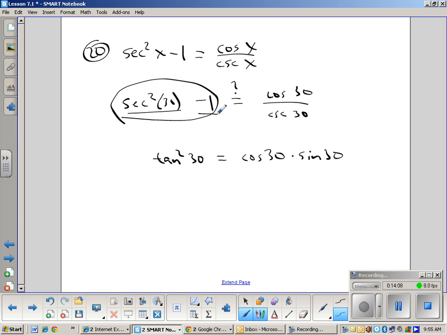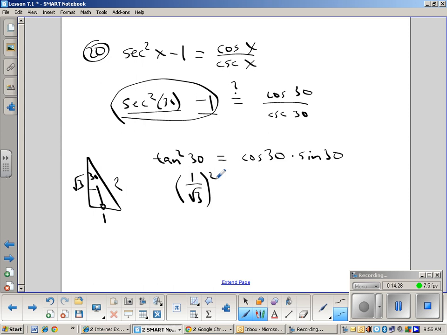And so the tangent of a 30-degree angle, 1, 2, square root of 3, and this is the 30. The tangent is opposite over adjacent, so it's 1 over square root of 3. We normally wouldn't want to leave it that way, but because it's squared, it doesn't matter.